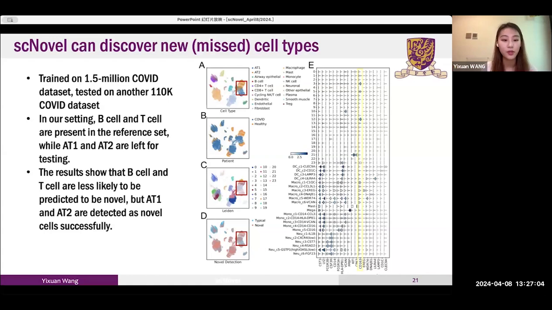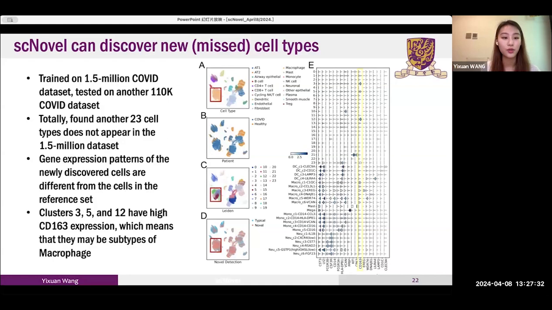And from the results shown in figures C and D, we can find that B cells and T cells are less likely to be predicted as novel in the results of scNovel, but B1 and B2 are successfully detected as novel cell types. So in this setting, we show that scNovel can successfully detect novel cell types.